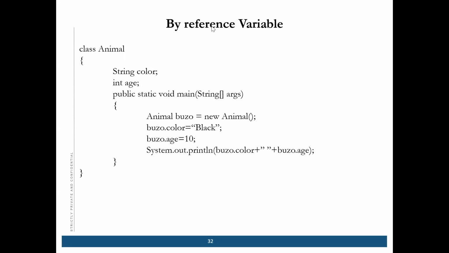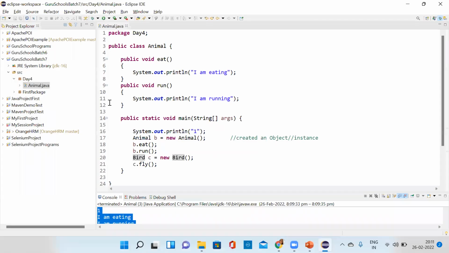Now, reference variable: here we are calling the variable with the help of the reference. We have created one reference, and we can call this instance variable with the help of this object. I will show you how, and we can print it also. I will show you in the Eclipse.